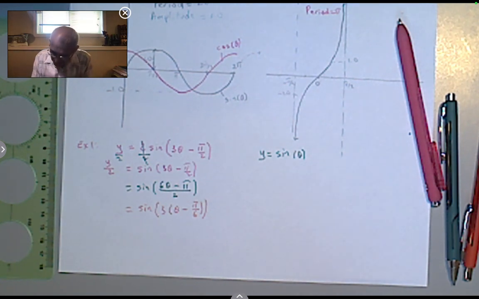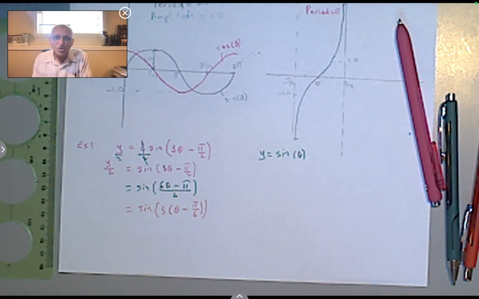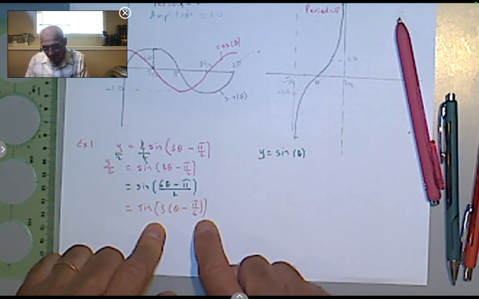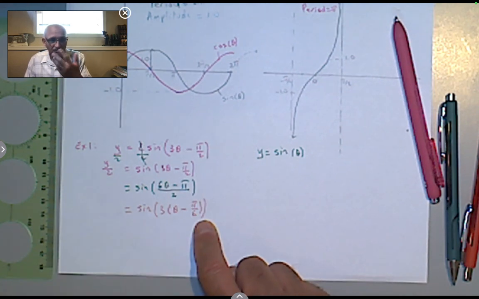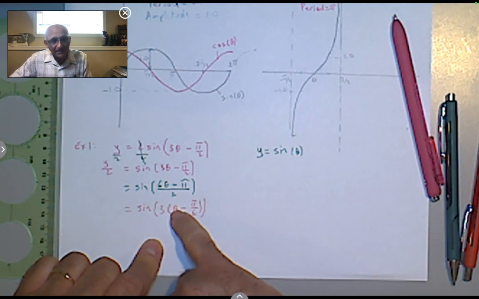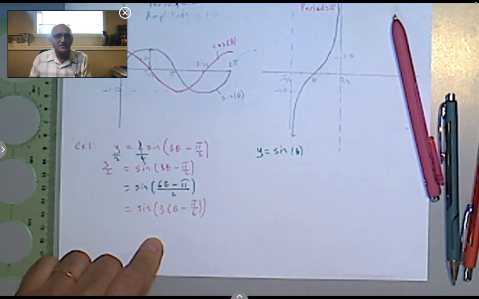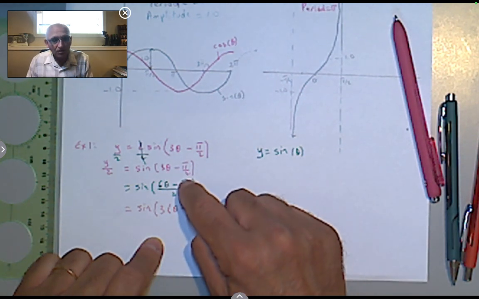Just to be consistent with what you learn at school, I'm going to use the last one. I will always start by writing the sine or the cosine or even the tan with theta by itself. So if theta is multiplied by something, I'm going to factor it out. But these two are also correct.